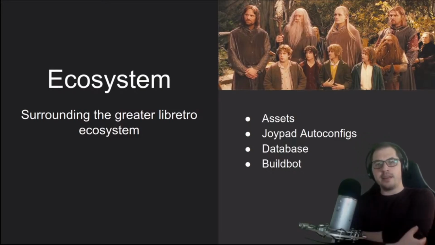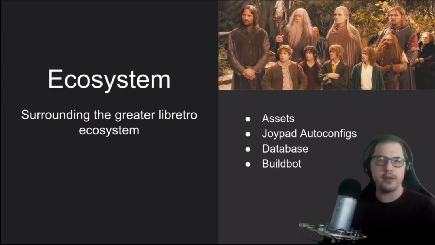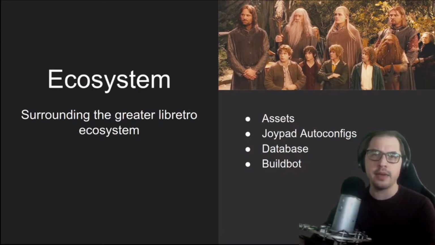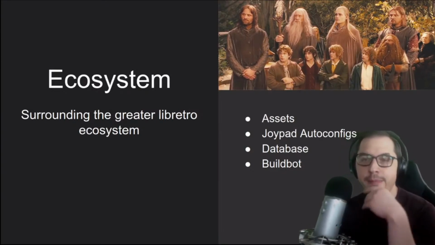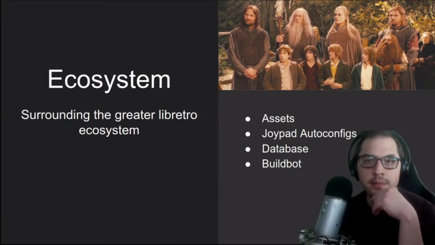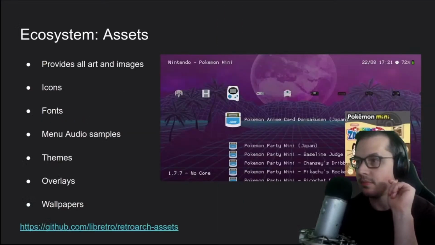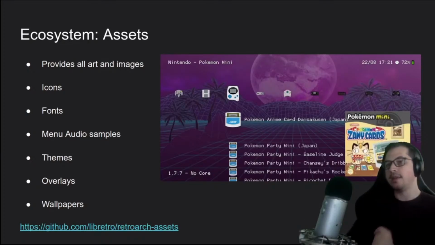So beyond the front ends, cores, and Libretro API, what does the ecosystem around Libretro look like? I'll be speaking about assets, the joypads, auto configs, the database system, and the build bot right here. So the assets.